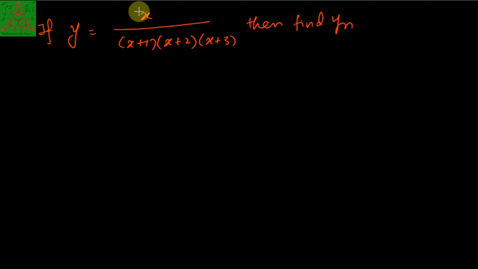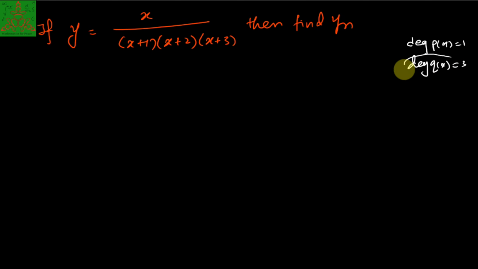So here you can see that this is a rational function of the p(x) upon q(x) type. The degree of p(x) is 1, and the degree of q(x) is 3.